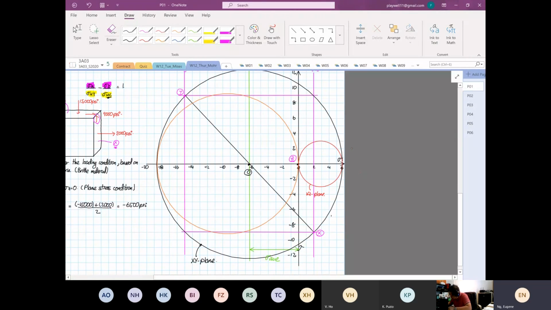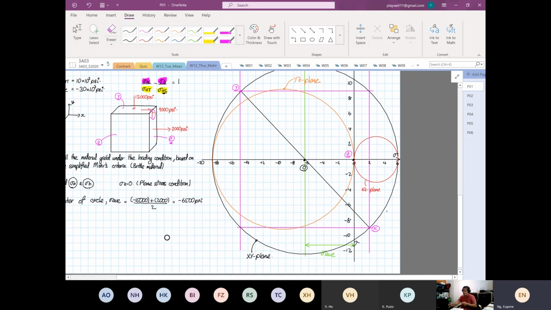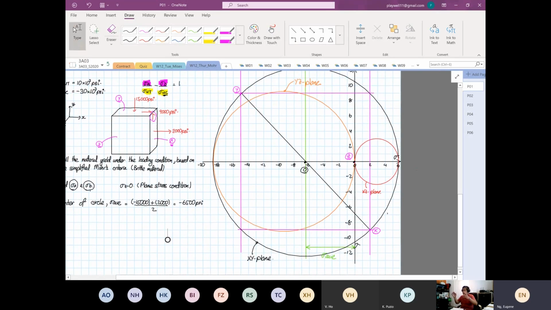And now this one belongs to the YZ plane. Right? So this is a complete 3D Mohr circle now, okay? Because we are looking at real life structures. They are 3D, okay? As I mentioned before, they are very seldom in a 2D configuration, right?